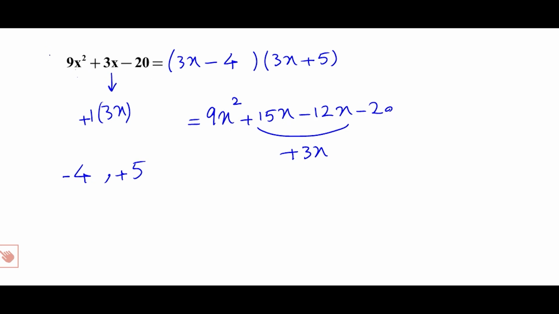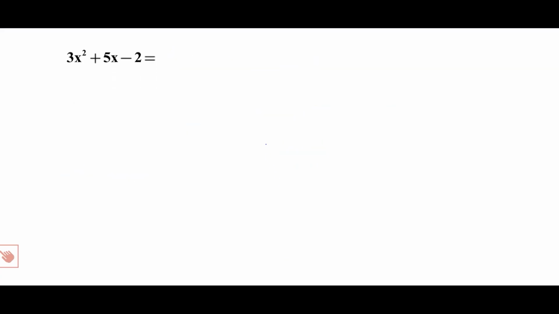Okay? So far, we've solved examples where the coefficient of x squared was a perfect square, so we could easily take its square root. Now the question is, what if the coefficient of x squared is not a perfect square? Take a look at this example.